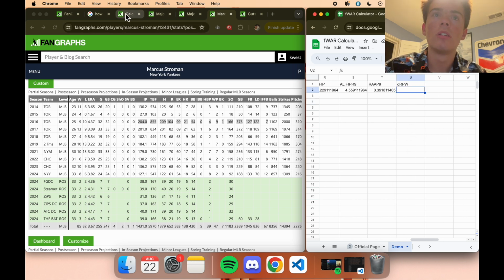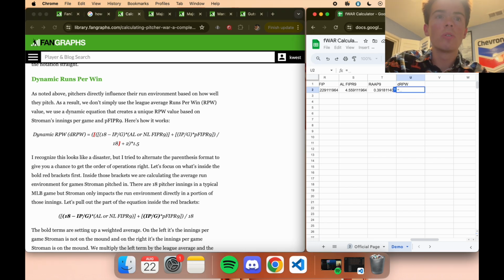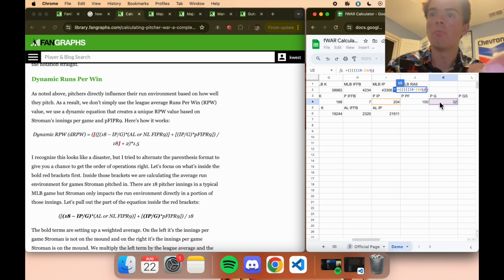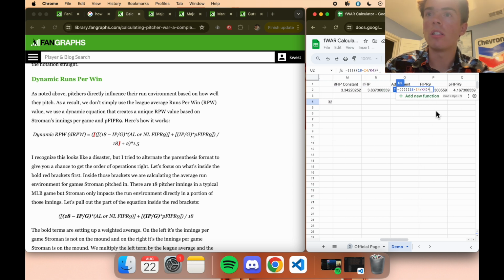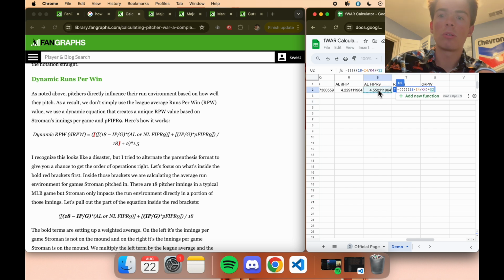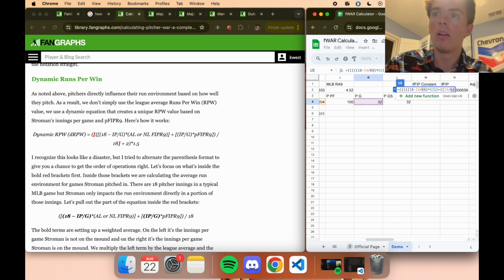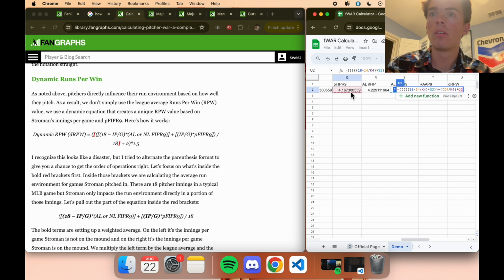Awesome. Now, dynamic runs per win. That is going to be equals 5 minus, 18 minus innings pitched divided by game, times league FIP R9, parenthesis plus parenthesis innings pitched divided by game times player FIP R9, parenthesis, divided by 18, parenthesis, plus 2 times 1.5.